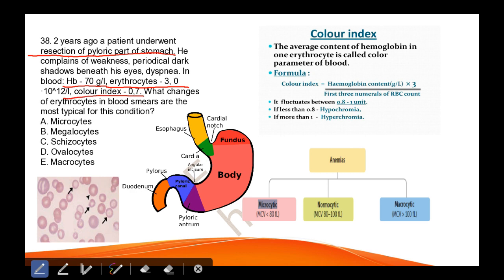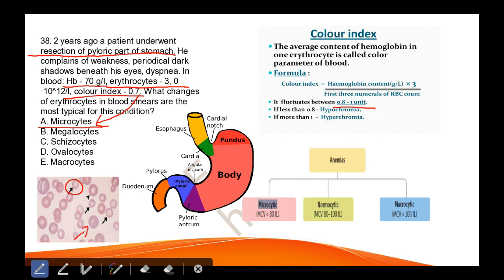The color index is lower than the value that fluctuates between 0.8 to 1, and this will help you to think about the microcytic anemia because of iron deficiency. You can see here some microcytes, and this is a normal RBC. As you can see the difference of the color index on the microscopic smear.